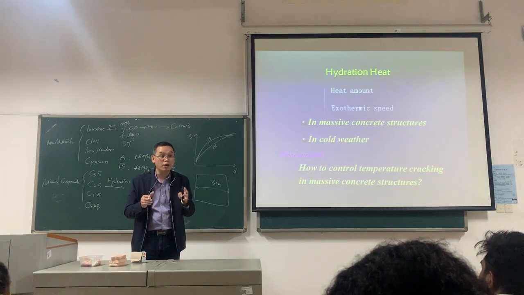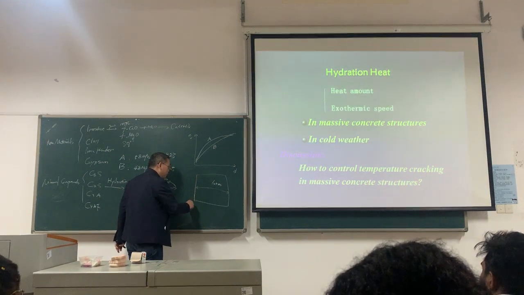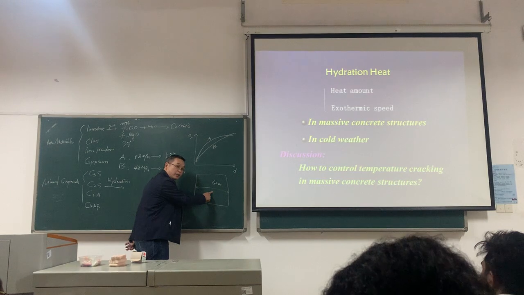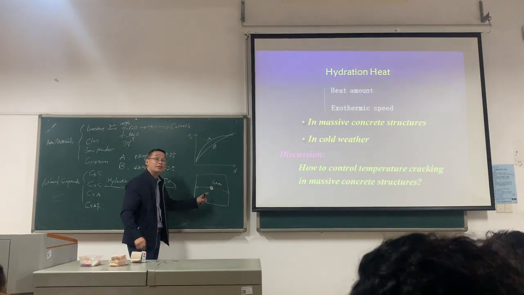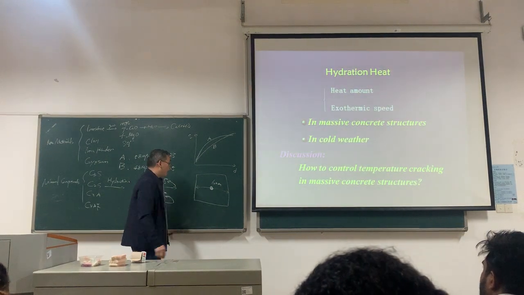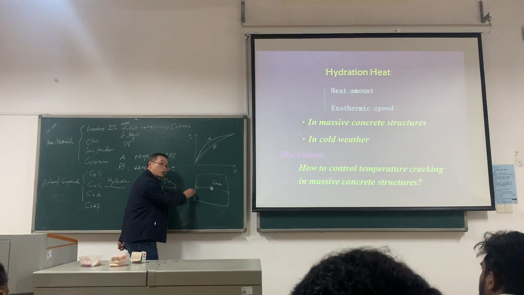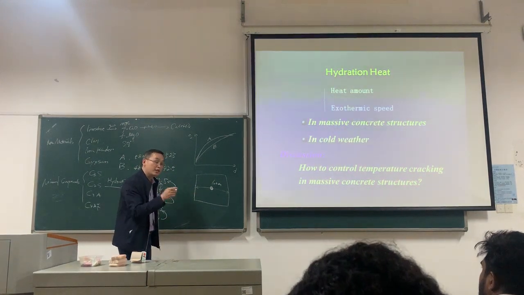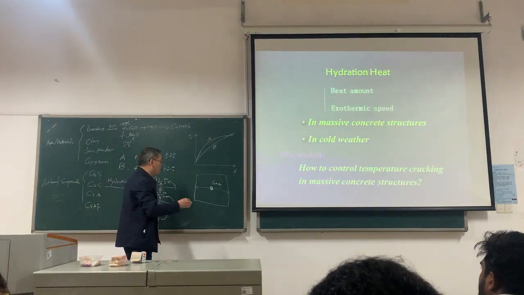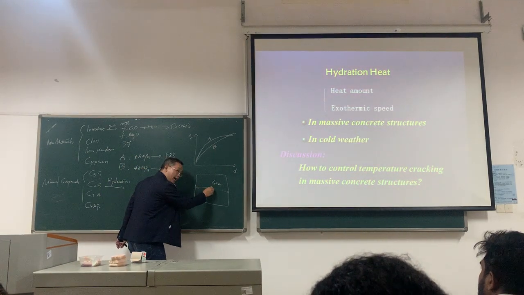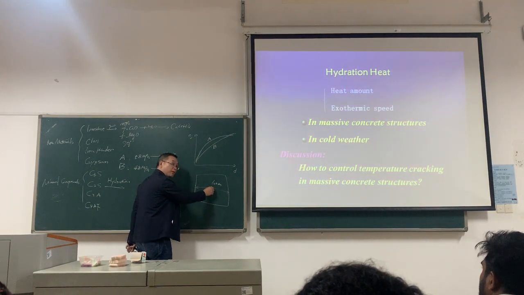So there is a lot of heat in the inner structure, and the surface of the structure also has this kind of heat, but it will disappear. But the heat in the structure cannot disappear.